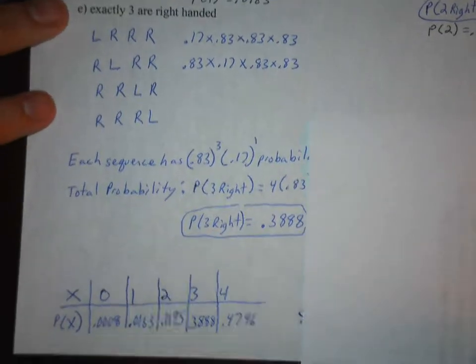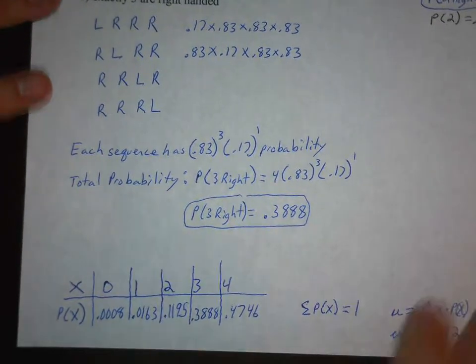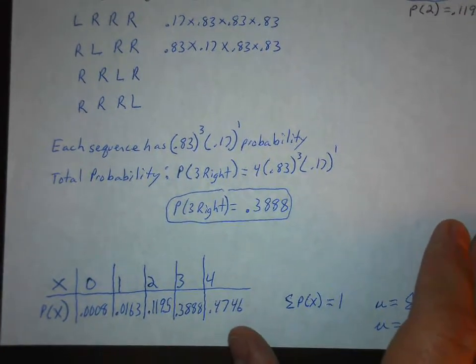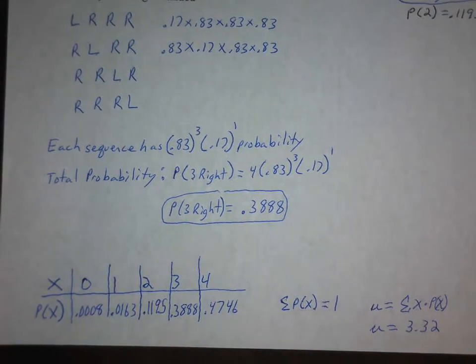Okay, now the last thing I'm going to show you here real quick is the probability distribution that would go along with this example. So remember that a probability distribution is X and P of X. X represents the number of successes, or the number that your random variable can take on. In this case, you can have 0, 1, 2, 3, or 4 right-handed Americans.